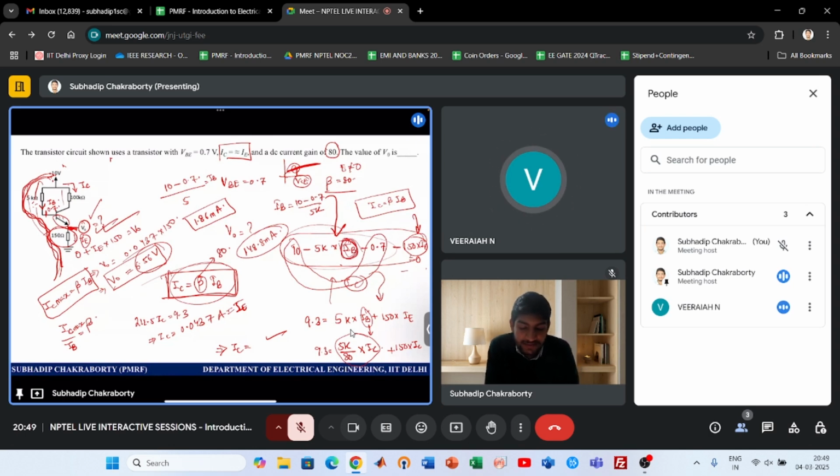But you will again tell me that I am using IC equal to beta IB. Yes, but I am also using the emitter voltage. Just to make you understand what is happening, your IC and IE are correlated. That's why calculating with the complete network including the biasing resistance is important.